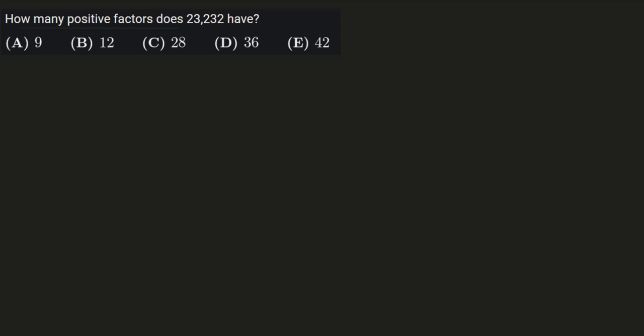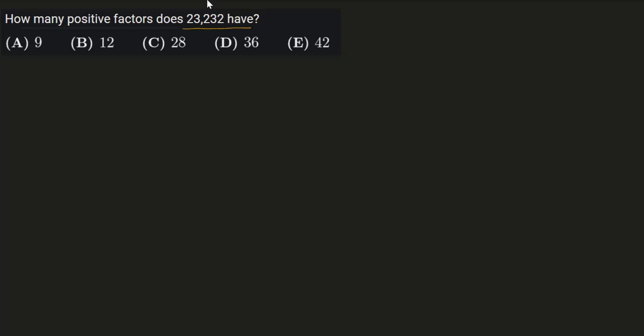In this problem, you are asked about the number of positive factors that this big number has. This is actually a very basic problem.